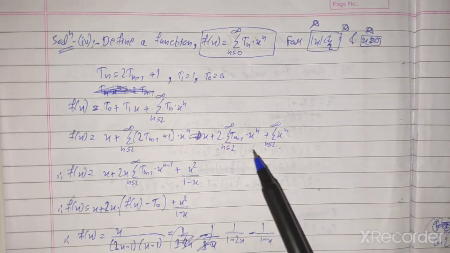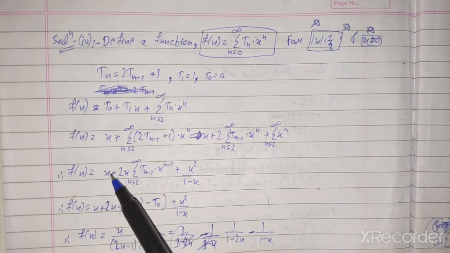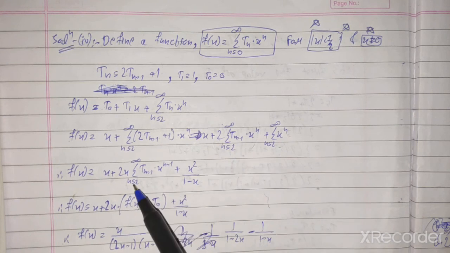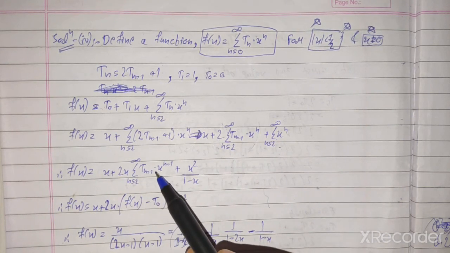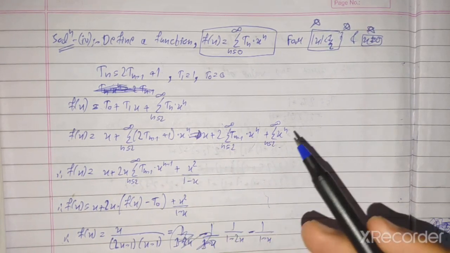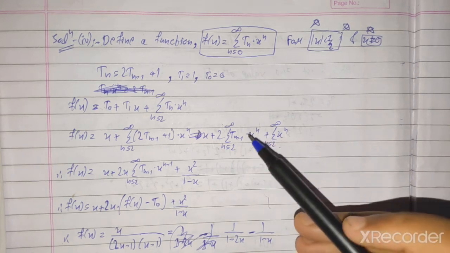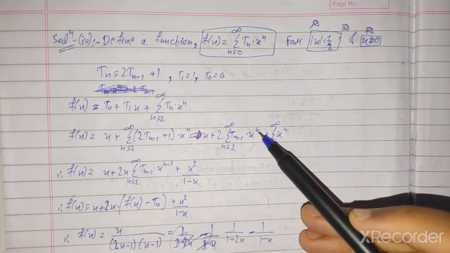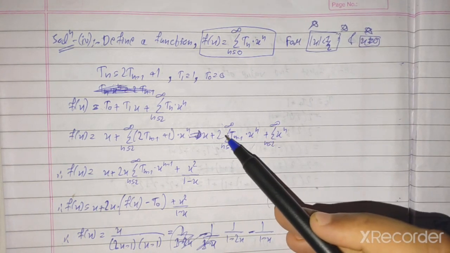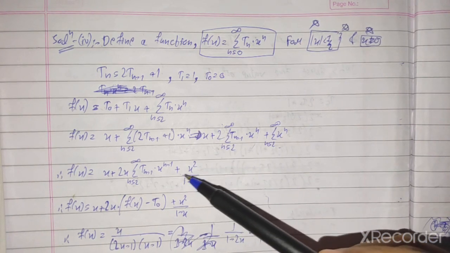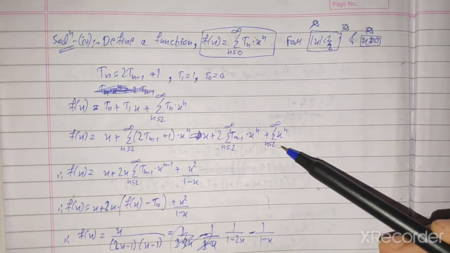So we have simplified f(x) like this. f(x) is equal to x plus 2x, we can take one x common, sigma n is 2 till infinity t(n-1) x^(n-1), plus the sum of x^n. I hope you got it. You basically take one x common, so here will be x^(n-1) and one x will be taken common here.